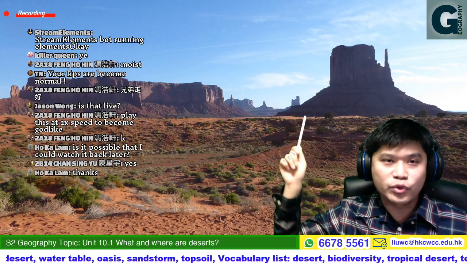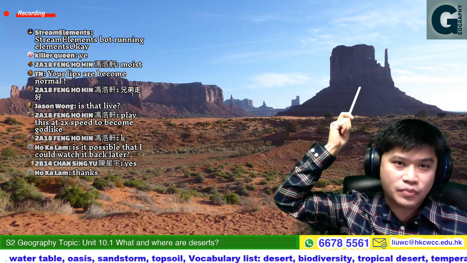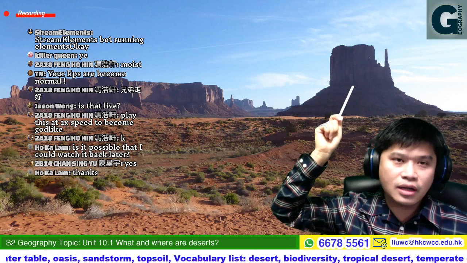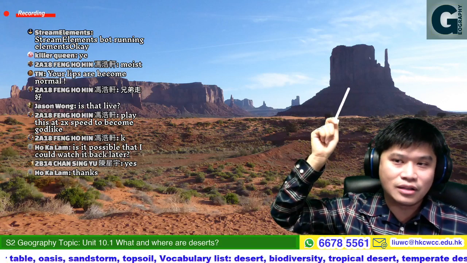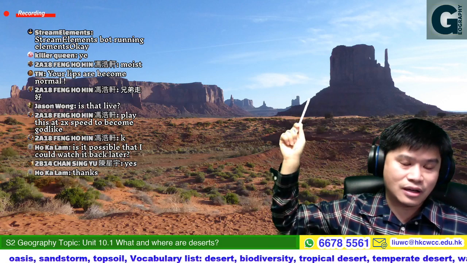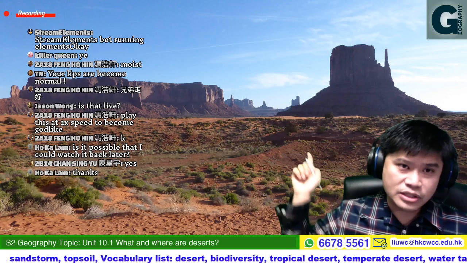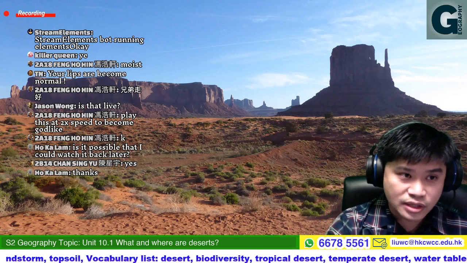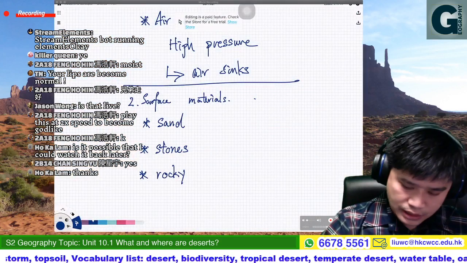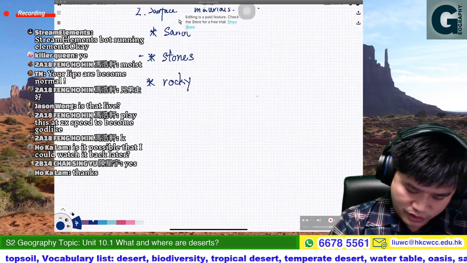In Hong Kong, you won't see any mountains with that shape. This only occurs in the rocky desert. So that is a very iconic shape for the slope. Okay, let's move a little bit fast.